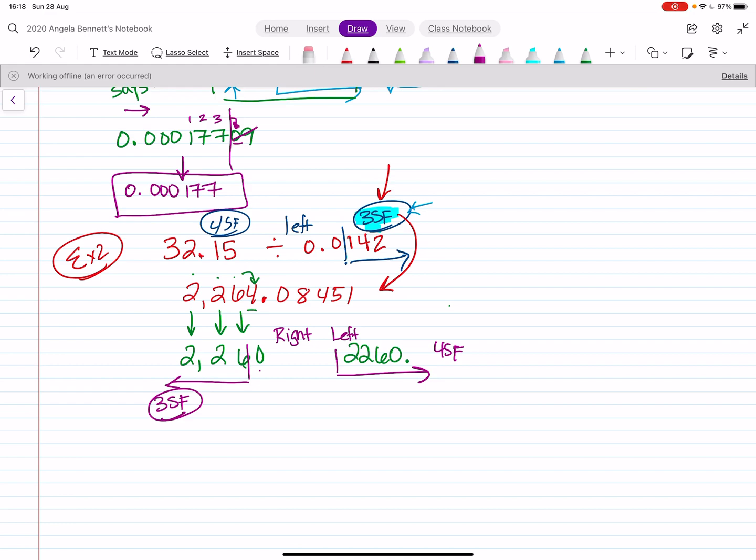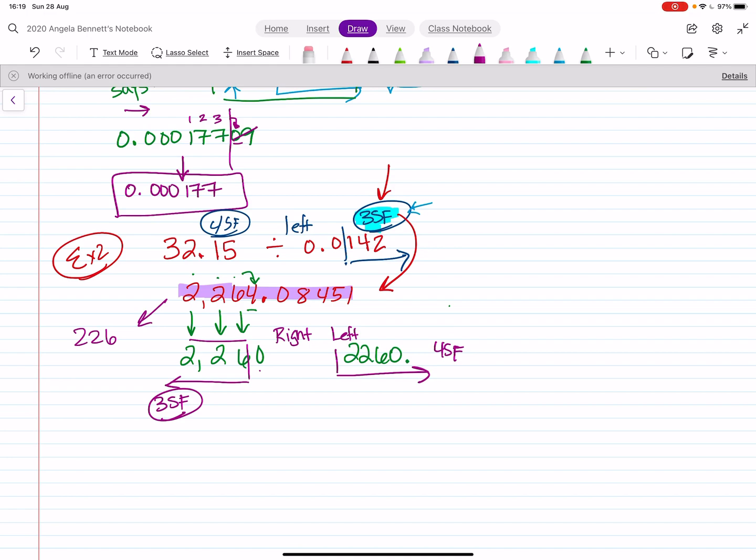So a common misconception or mishap that happens, and if you really stop and think about it, I know you know not to do this, but kids do it all the time just because they're not thinking. This number up here, let me get my highlighter, is 2,264.08451. The most common misconception is they know they need 3 sig figs, so they say, oh, 226. That's my answer.